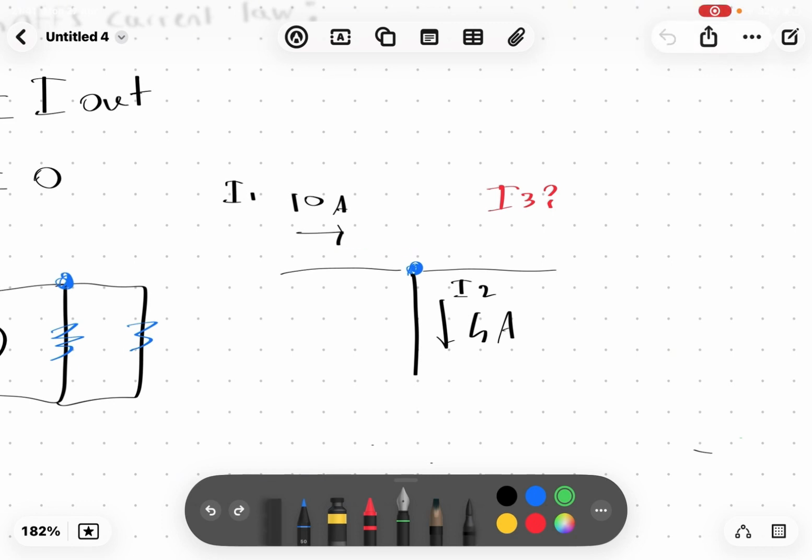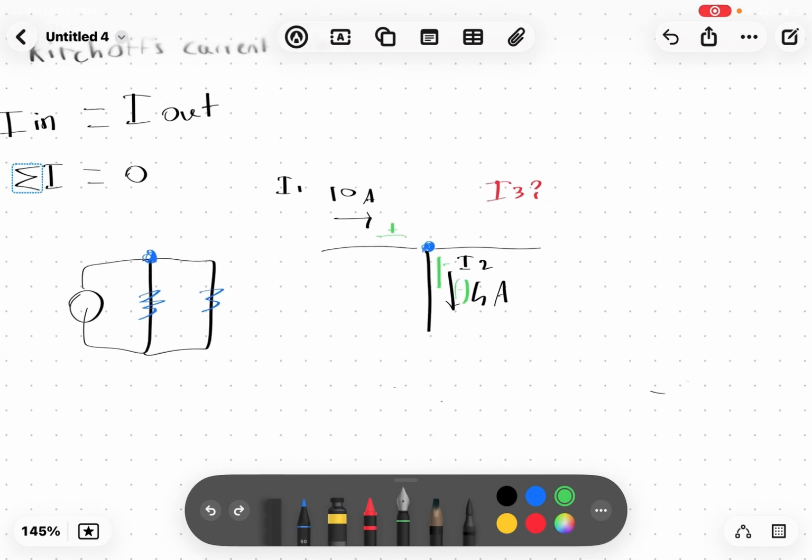Going to the junction, positive; going out, negative. So the 4 is a negative. Now, what do you think I3 is going to be? Imagine it's the last one. Take a guess, is I3 going to be positive or negative?